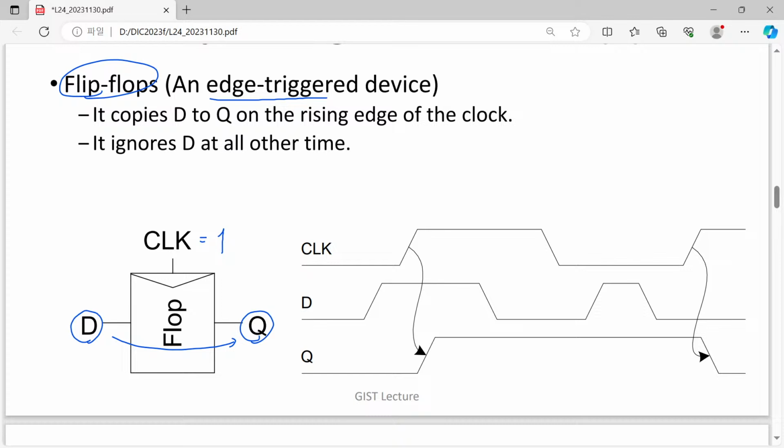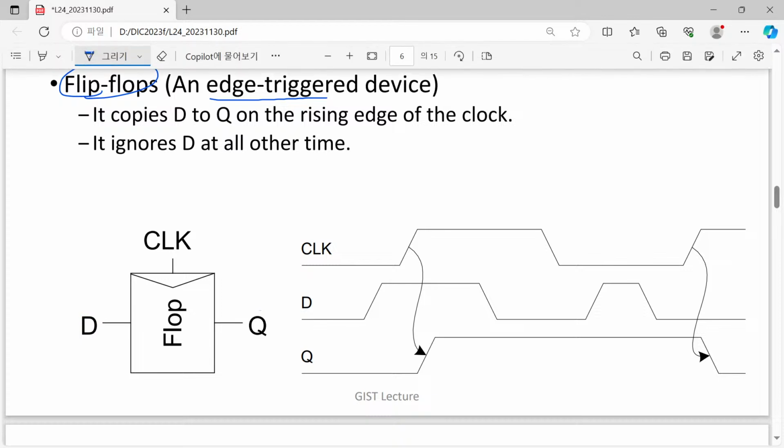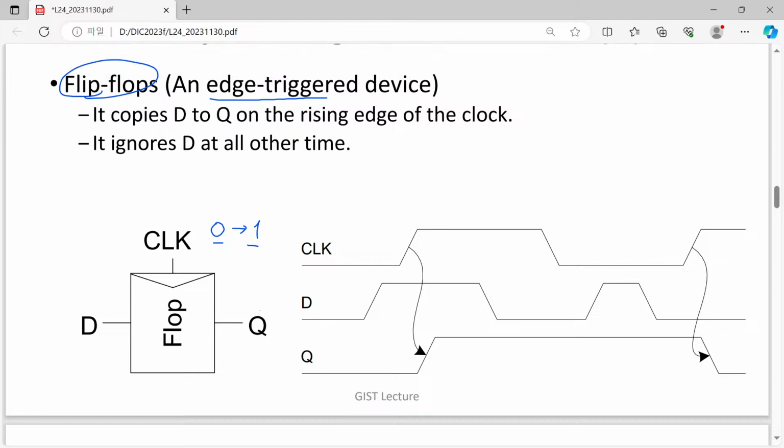In the case of a flip-flop, D is copied to Q only when we have the rising edge from 0 to 1. I think we can make an analogy like this.